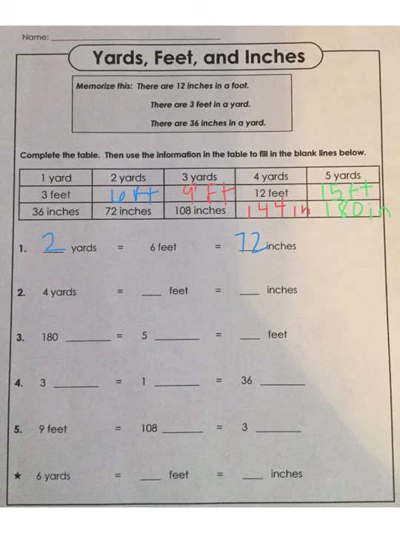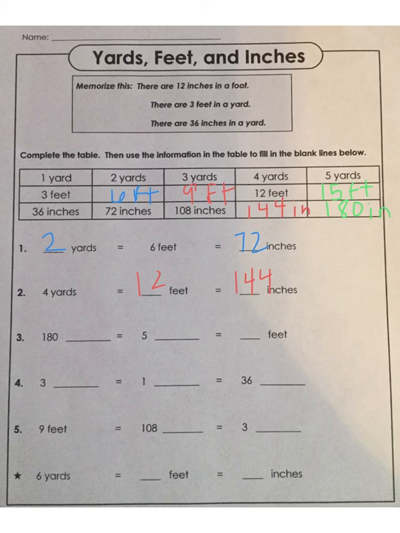Okay, the next one says I have 4 yards. So I'm looking at my table where it says 4 yards. How many feet was that? That was 12 feet. So I have 12 feet, and that was also 144 inches. Okay? All right, next I have 180 of something, I don't know, and 5 of something, and blank feet.